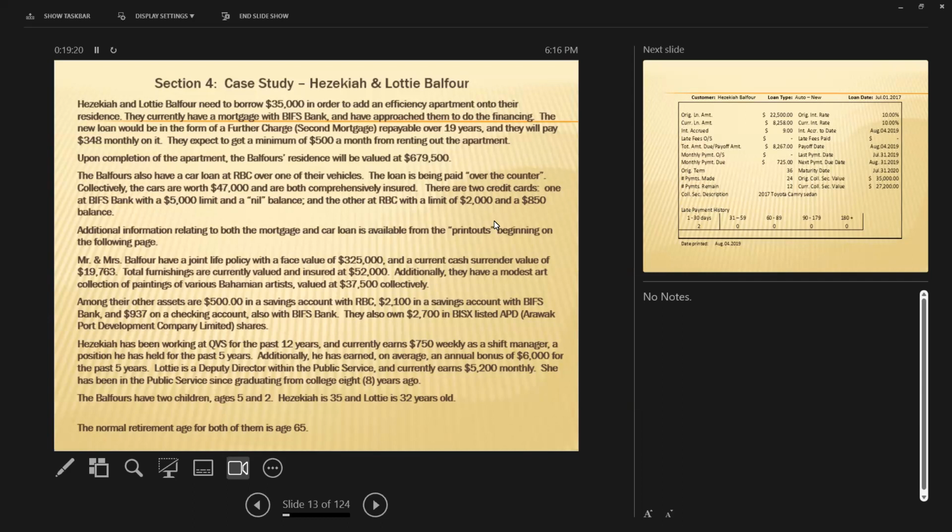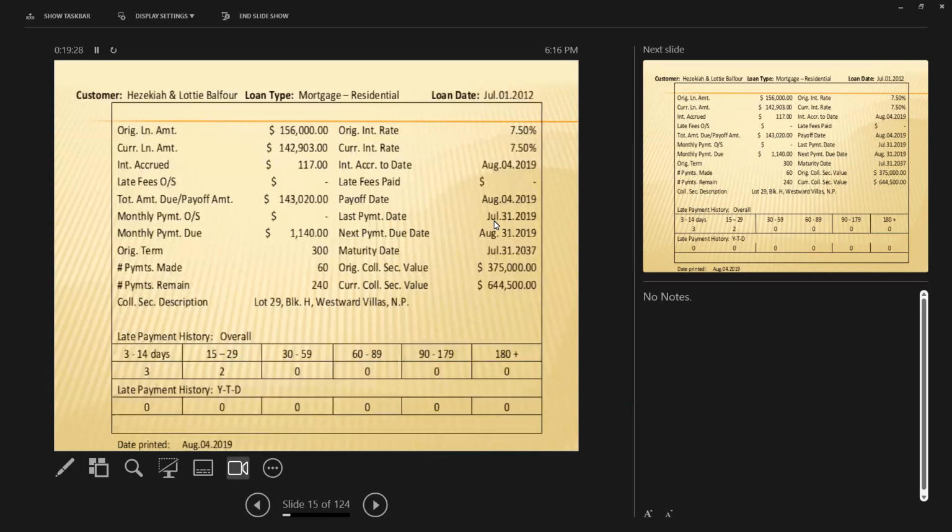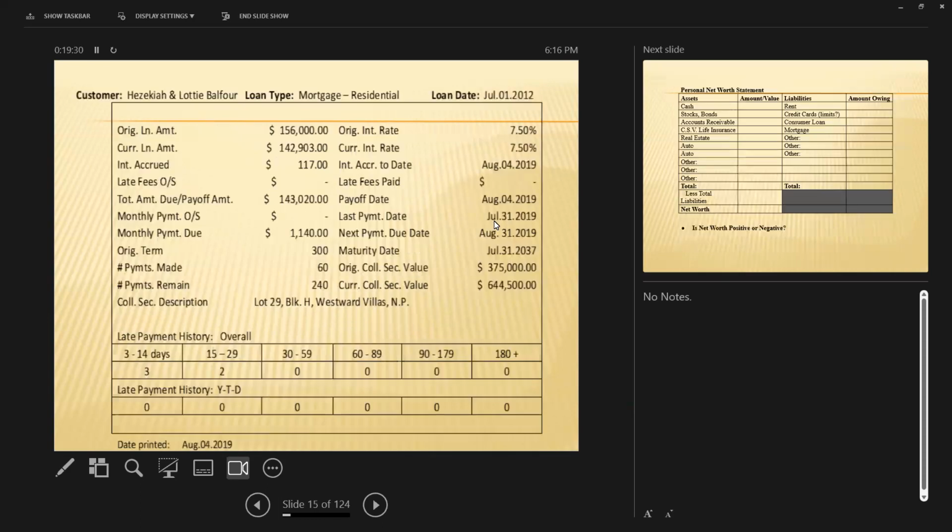Okay, so we are provided with a printout of the consumer loan or the car loan. We are also provided with a printout of the residential mortgage loan.